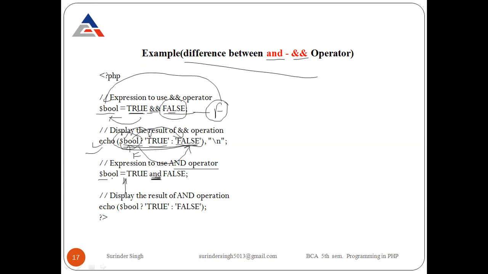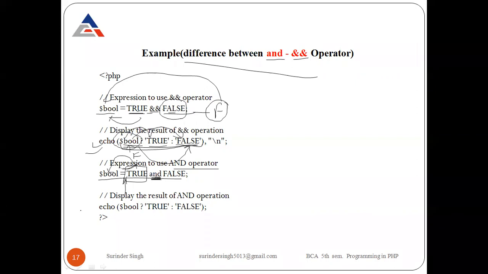So in this expression, first the assignment operator will be performed. Now the value true, which is on the right side of the assignment operator, will be assigned to this bool variable.